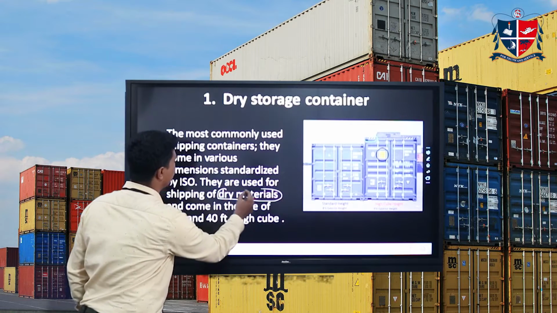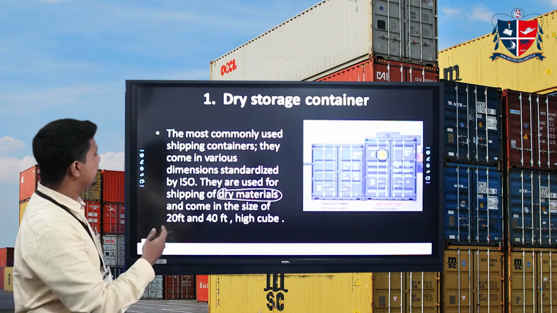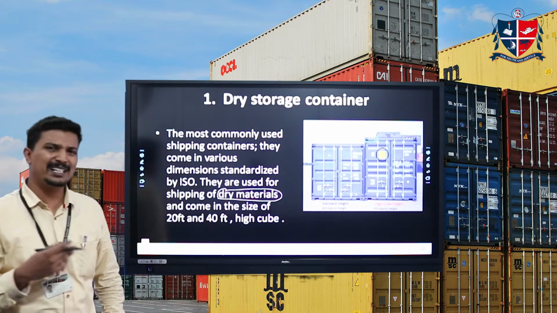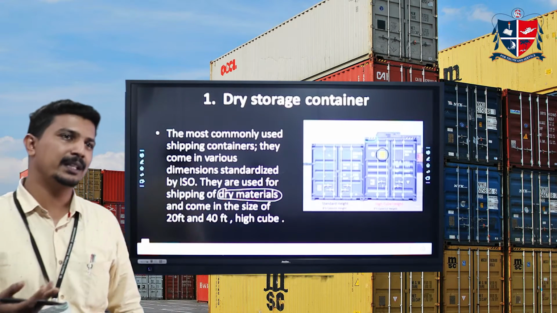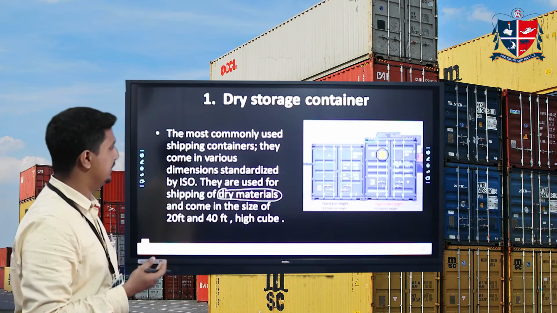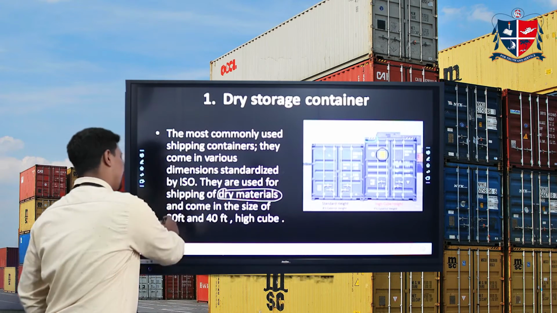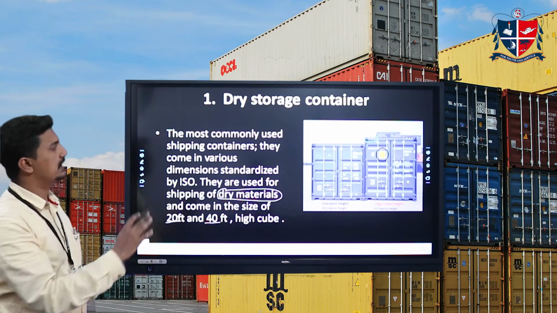This container is mostly used for dry cargo, and comes in the sizes of 20 feet, 40 feet and high cube. Dry materials means general cargoes like machinery, cereals, which are dry in nature. Electronic items, big machinery, spare parts, everything comes under this dry cargo. So a 20 feet container, a 40 feet container and a high cube are the standard containers.